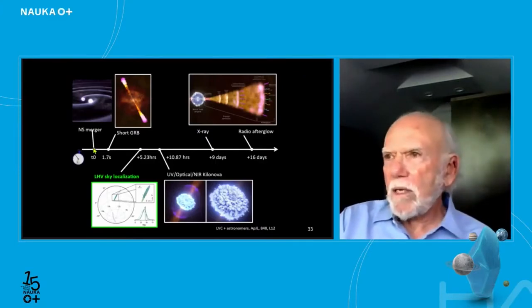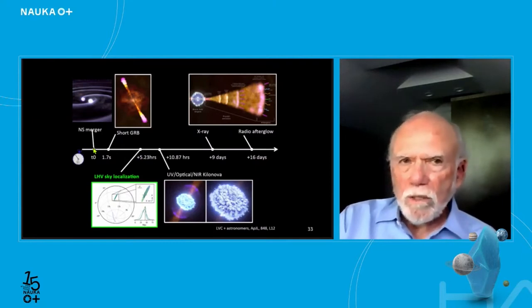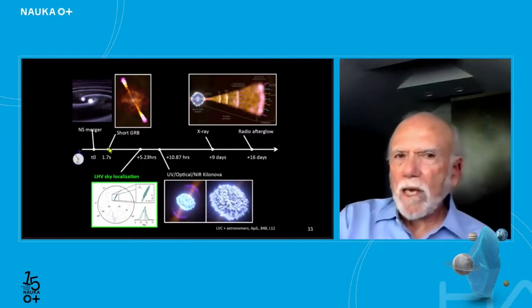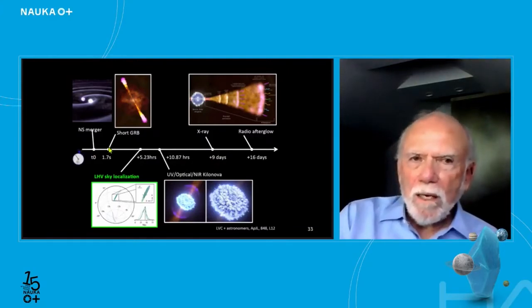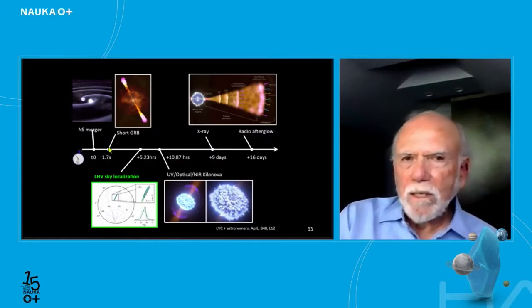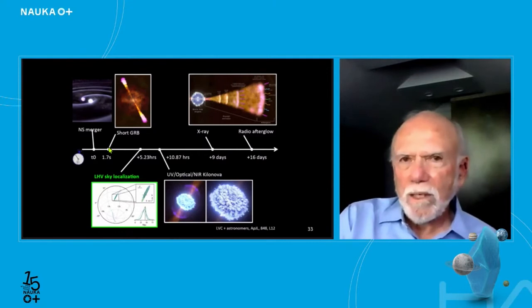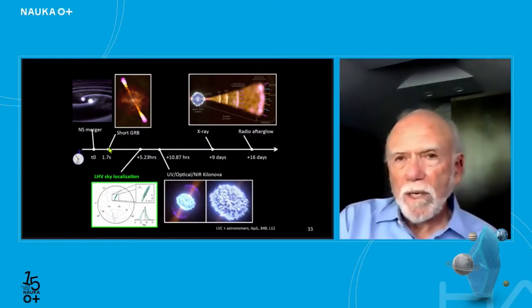We identified it as a merger not of 2 black holes, but of 2 neutron stars. Shortly after, 1.7 seconds, these high energy gamma rays were seen. And then after 5 hours, other radiation was seen. After 10 hours, ultraviolet. After days, X-rays. After days after that, the longer wavelength radio waves.